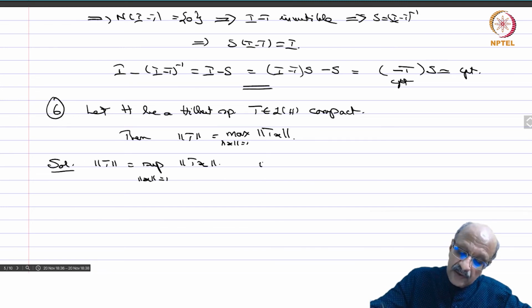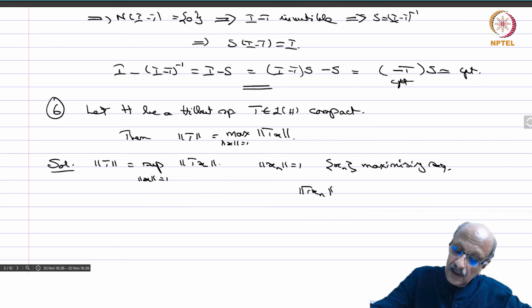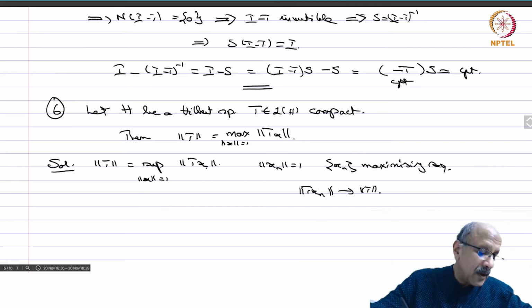So let xn with norm xn equal to 1 be a maximizing sequence. That means norm Txn converges to norm T. You can always find it because it's a supremum.